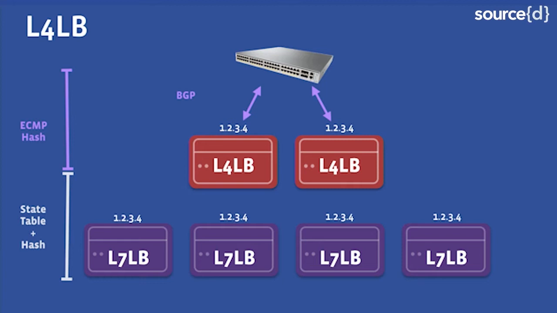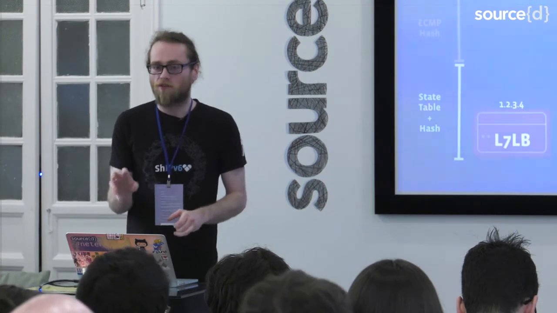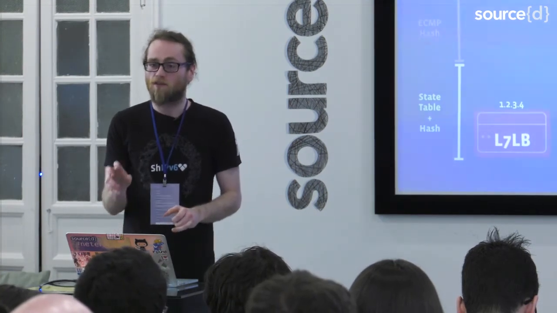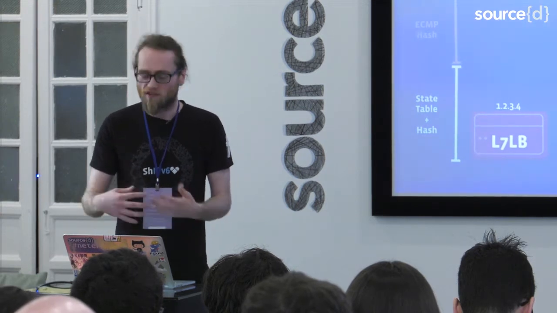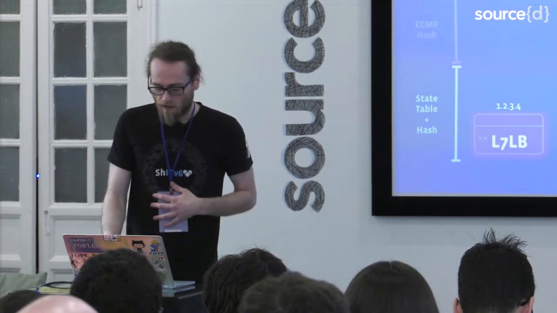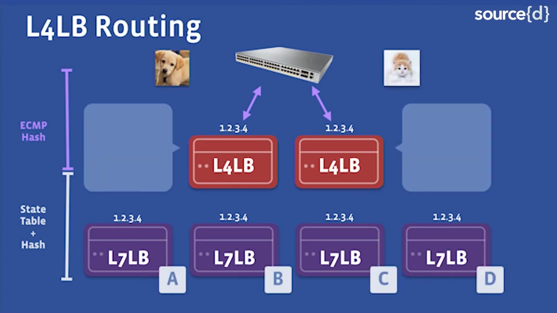It will do the consistent hash based on the source and destination port and address, and it will hash specifically, always, to one specific proxy instance. That's good because then all of your TCP and SSL termination will be done there. You don't have to reestablish a new connection if you do another request because it's already set up there. Shiv will also maintain a state table, so it doesn't have to do the hashing every single time. This is going to be important in a second, and I'll show you why.